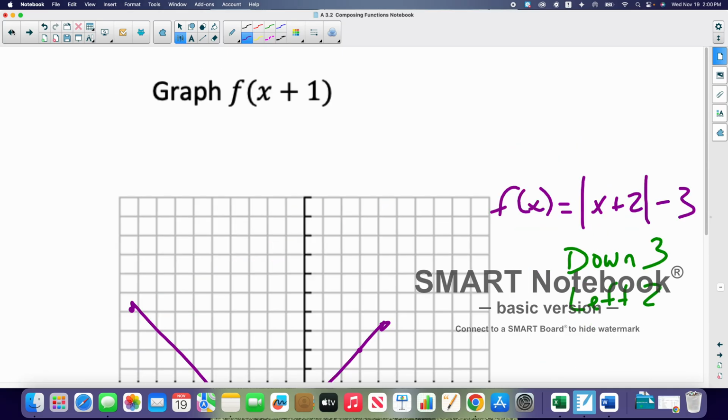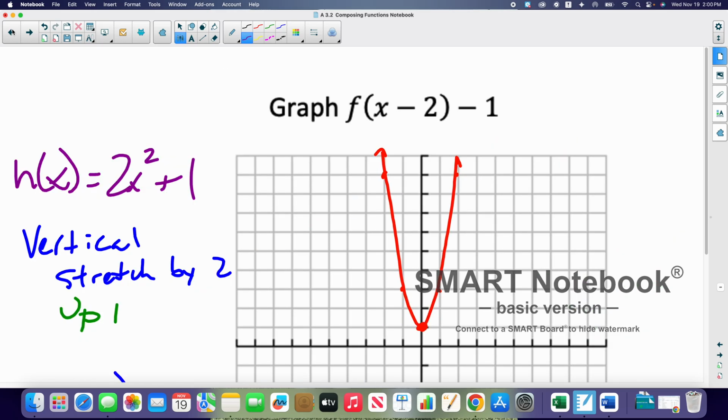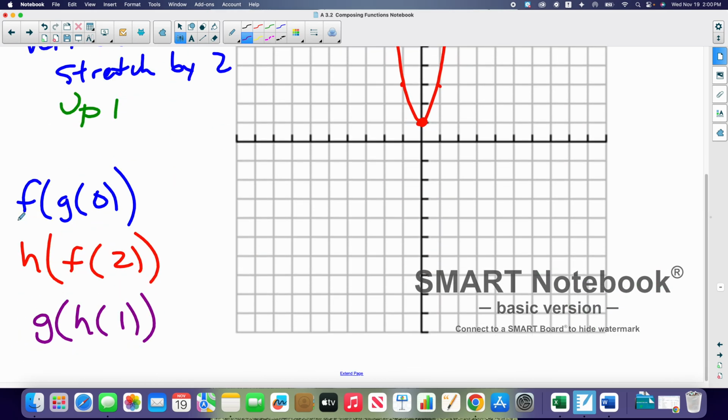I can take that 3 and plug it in here. 3 plus 2 is 5. Absolute value of 5 is still 5. Minus 3 is 2. So I got it that way. So now that we walked through 1, go try the other 2 if you haven't done so. H of f of 2 and g of h of 1.